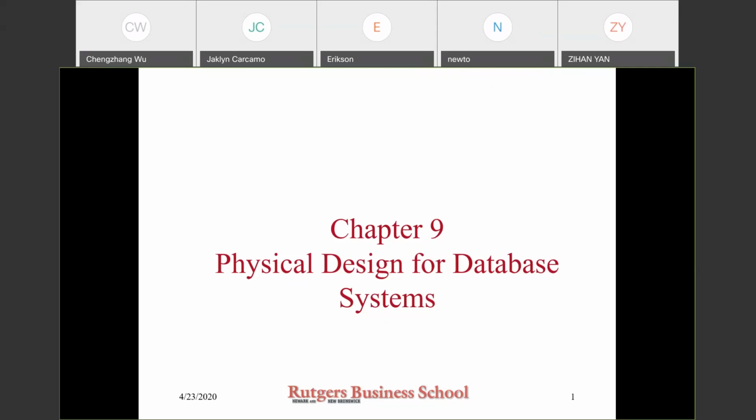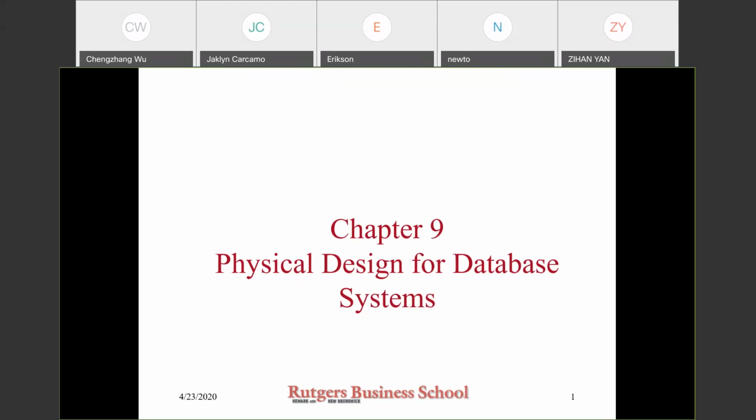First, we used the ER and extended ER diagram, that is entity relationship and extended ER diagram, to describe the logical data design. And also, we learned another tool, that is DFD, data flow diagram, to describe the process design.